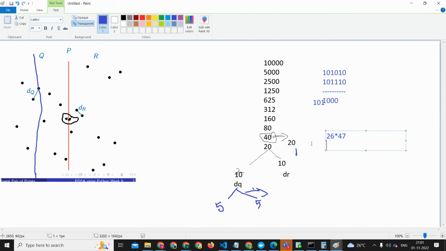All right, so what is the first step? Multiply the ones digit. The first left side and the right side. Okay, so we'll divide it into 4 parts. I'll write it like that: 2, 6, 4, 7. So we have the 4 different parts.